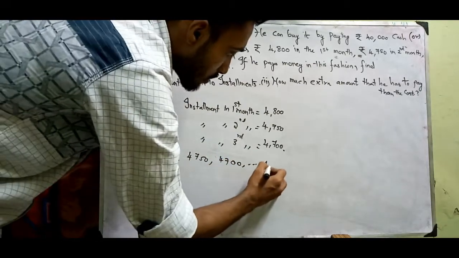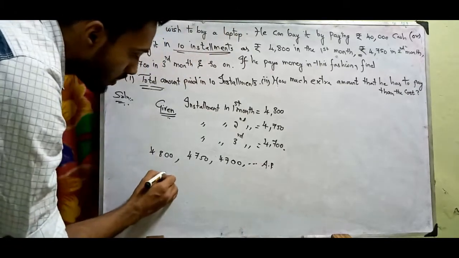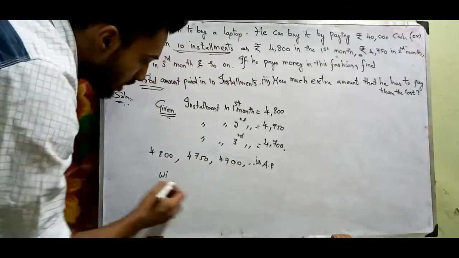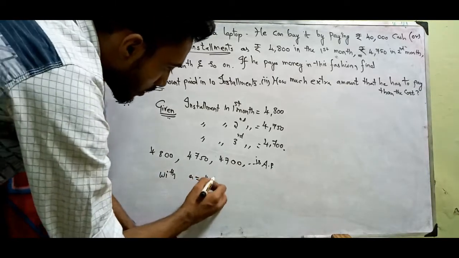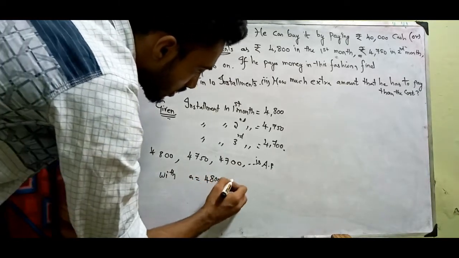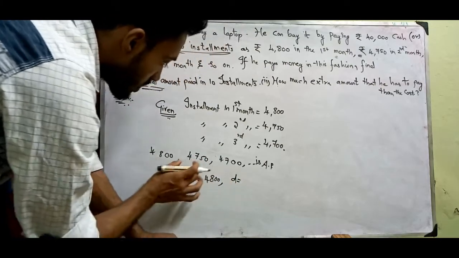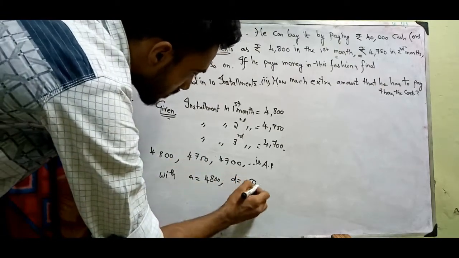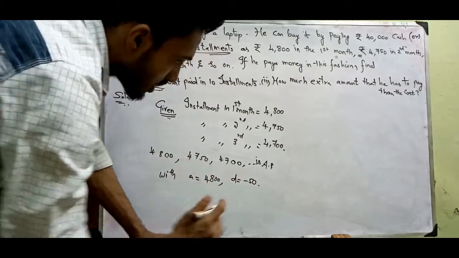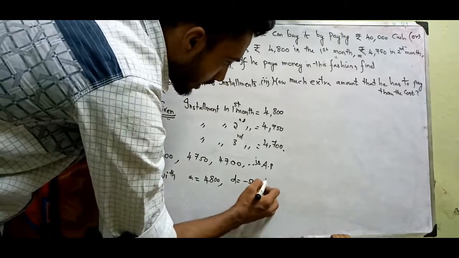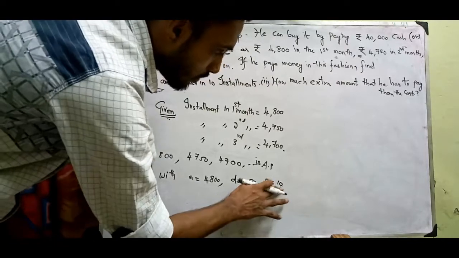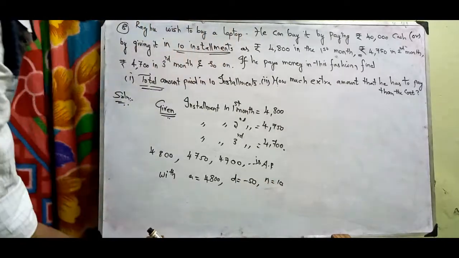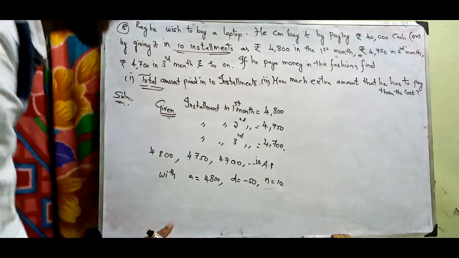Clearly this is an arithmetic progression with a is 4,800, d is the second term minus the first term, which is minus 50 because this is a smaller number than this one, and n is 10 because we have 10 installments.